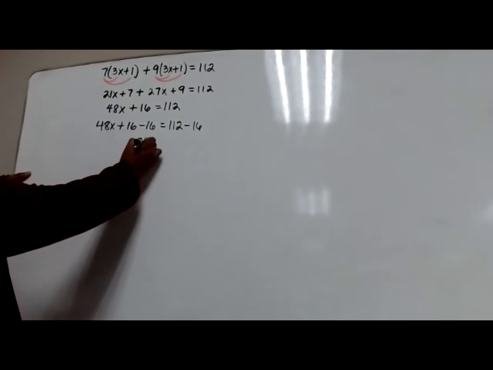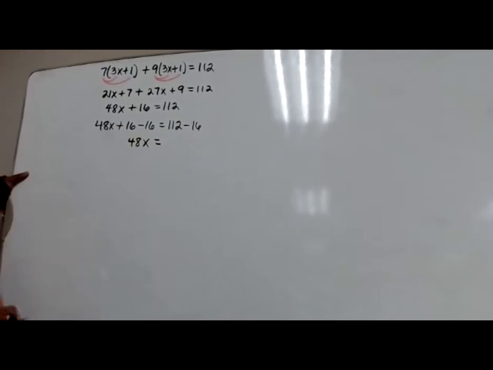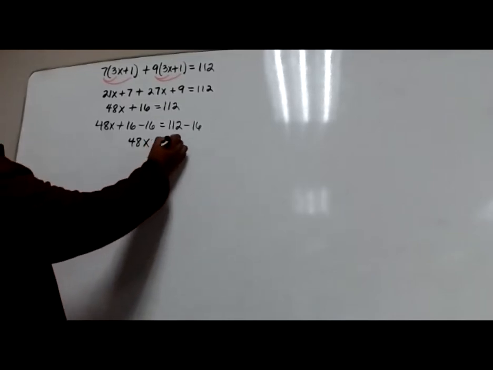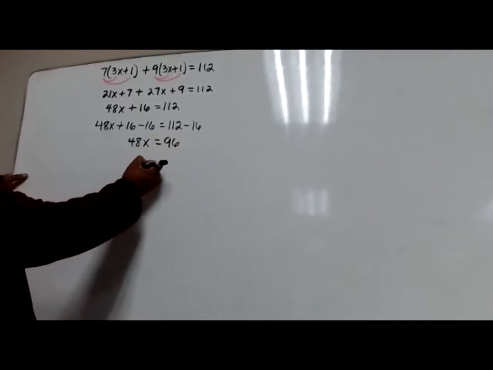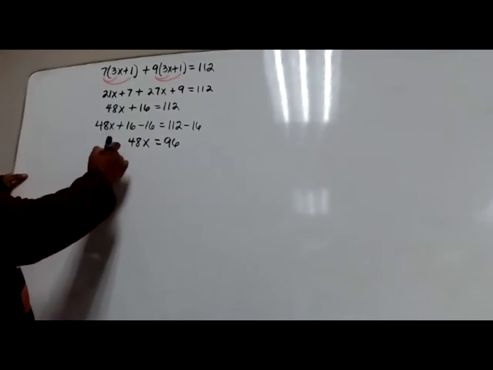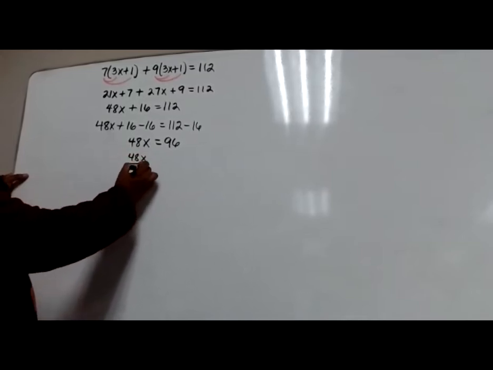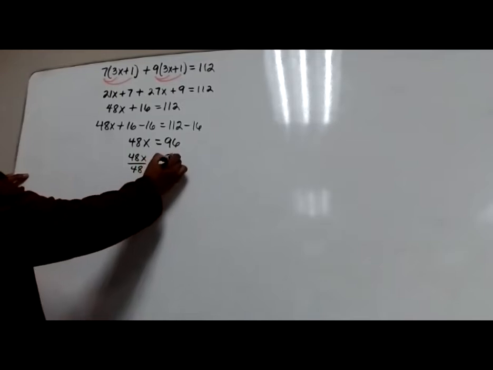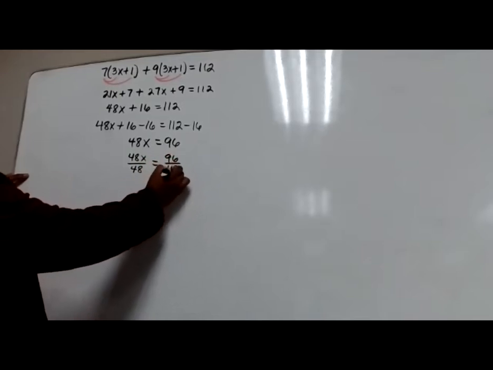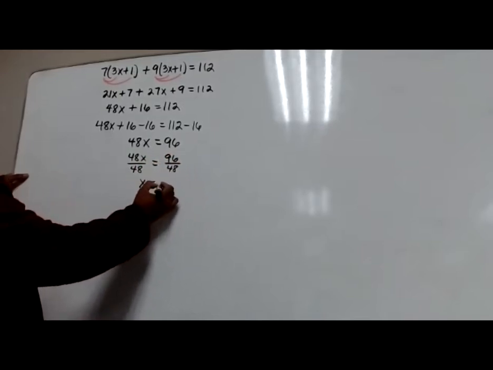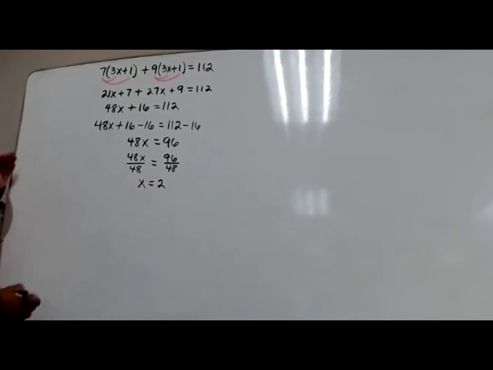So this leaves me with 48x is equal to, what's 112 minus 16? 96. So 48x is equal to 96. And then to solve for x, I'm multiplying by 48, so I need to divide both sides by 48. So x is equal to how much? 2. That's one way of solving this equation.